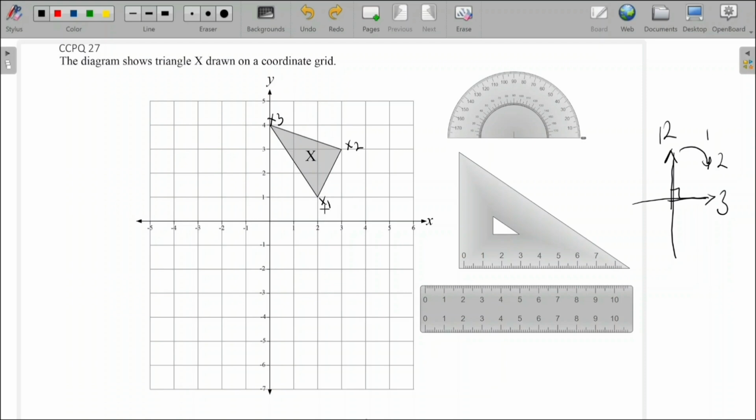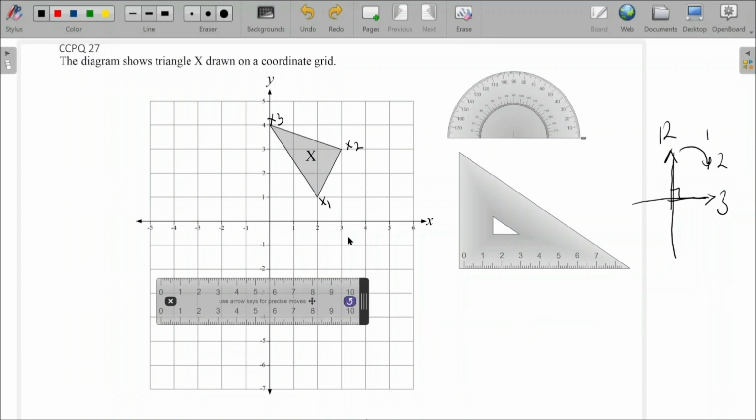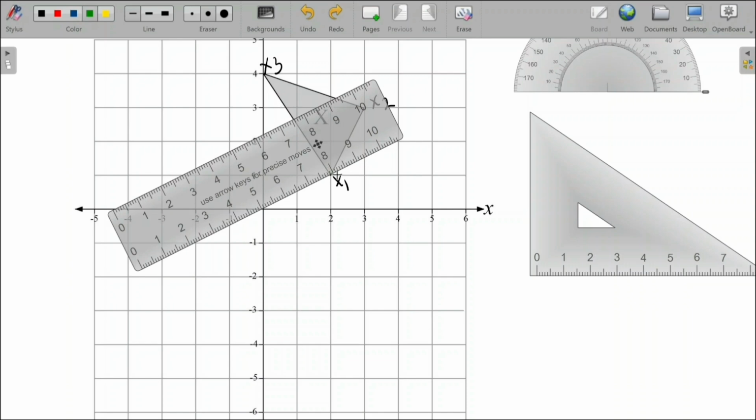Next is to take each of the vertex points that we've labeled X1, X2, X3, and with our ruler, we'll draw a line through the center of origin, that's the point of rotation. We'll start with X1. We'll draw the line from X1 through the center of origin, just a bit past it.